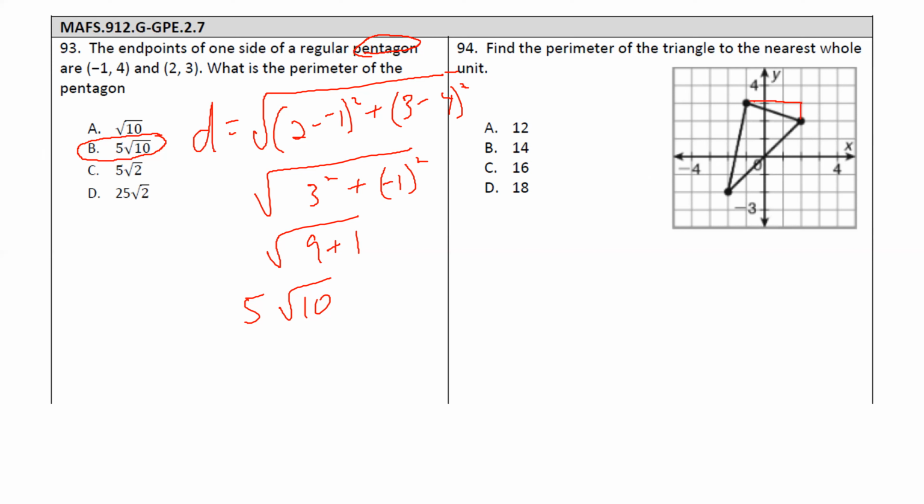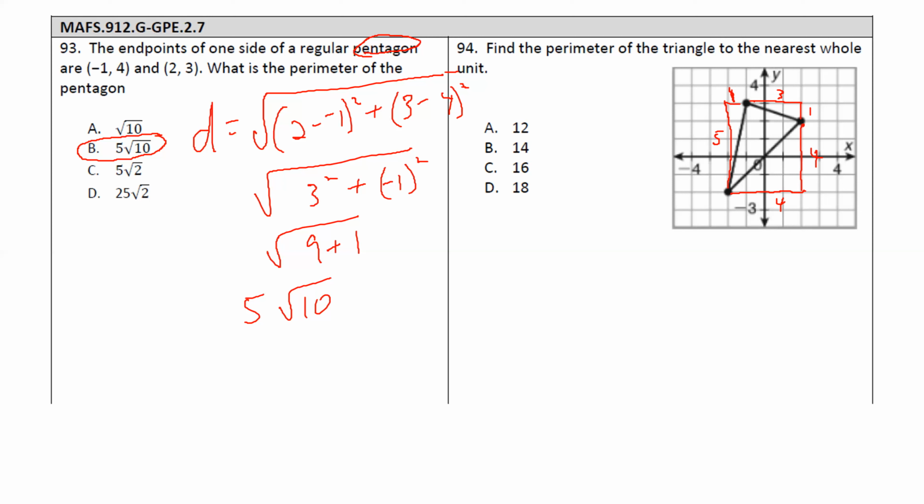Right now I'm just marking what the difference is on each of our sides. Here we go over 4, up 4. On this one, we go up 5 over 1. So we can do distance 3 times, or we can do Pythagorean theorem 3 times. I'm going to use Pythagorean theorem for each one.